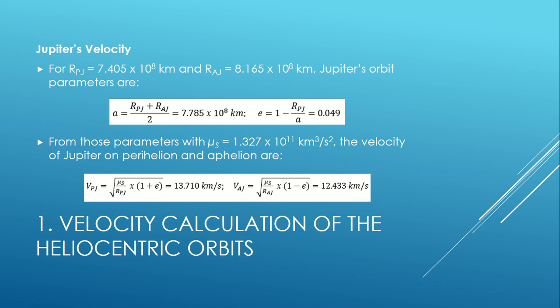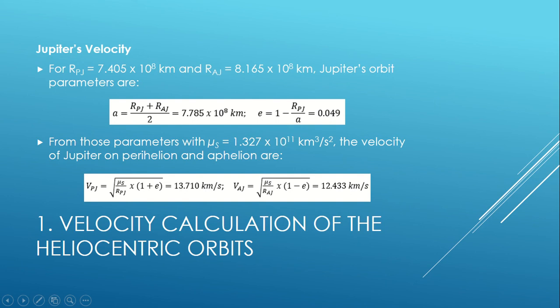We also need to calculate Jupiter's velocity. From data we can get from the internet, we know that the radius of perihelion of Jupiter is 7.405 times 10 to the power of 8, and its aphelion is 8.165 times 10 to the power of 8. So we get the semi-major axis 7.785 times 10 to the power of 8 kilometers.